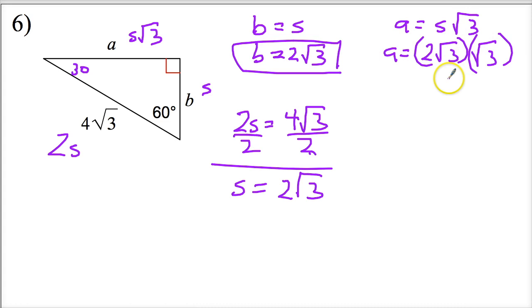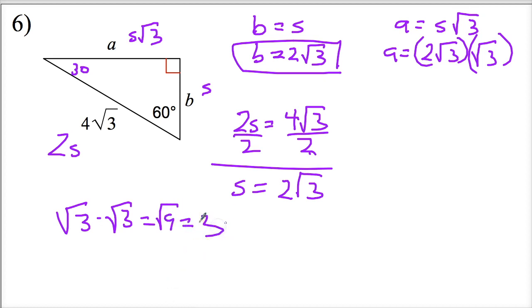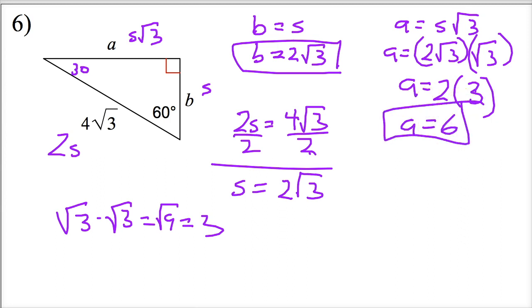Just like before though, square root of 3 times the square root of 3 is the square root of 9, so that becomes a traditional 3, because the square root of 9 is 3. So a is equal to 2 times 3. A is equal to 6. There you go.